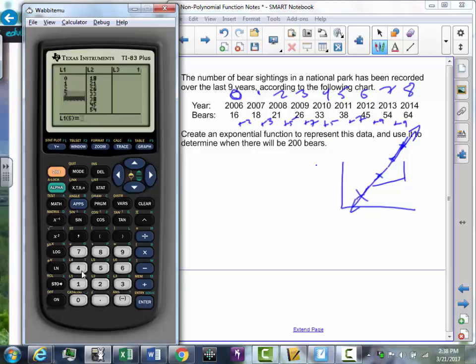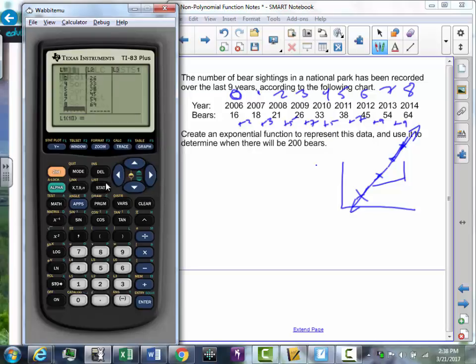Emily, I'll have to look at your calculator and figure out why yours was able to regress. So 0, 1, 2, 3, 4, 5, 6, 7, 8.